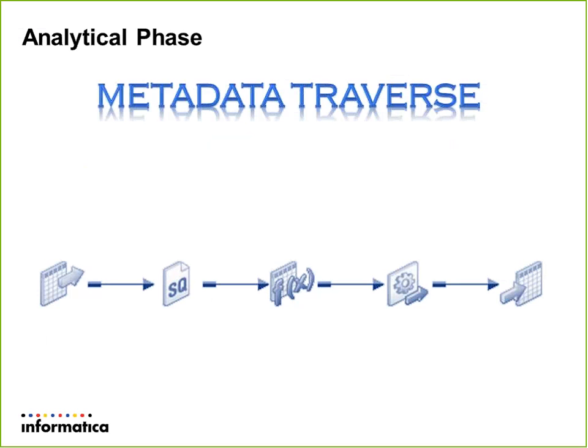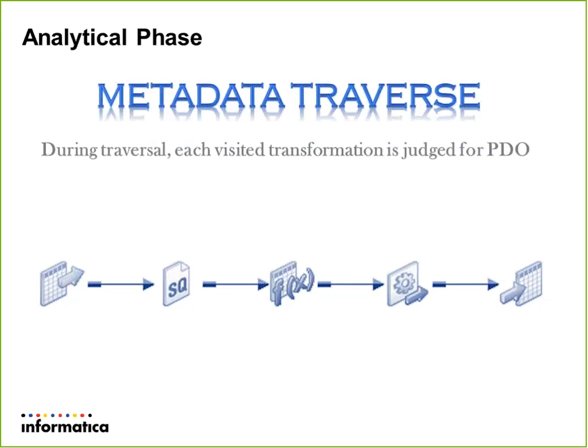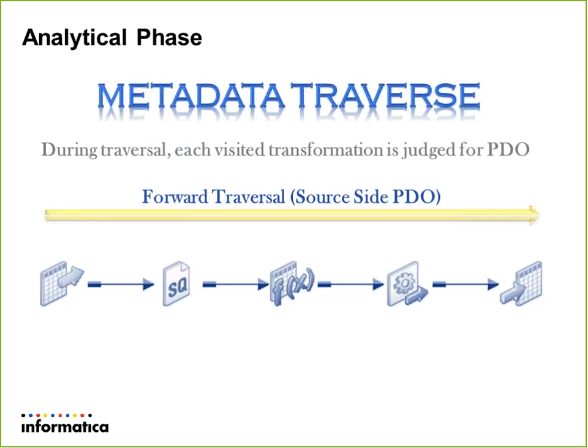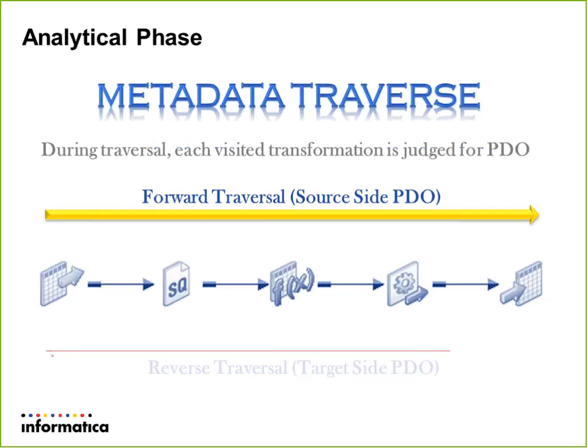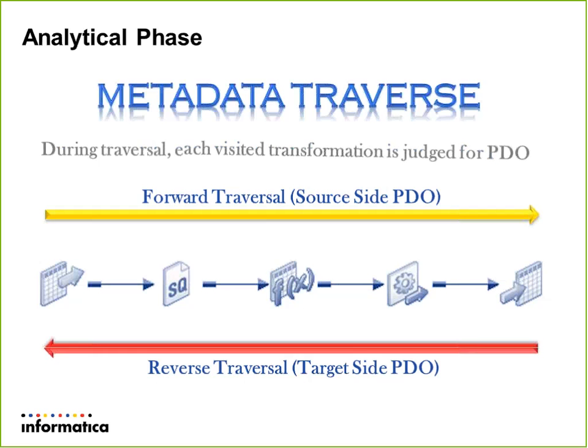The traversal starts at the source qualifier and touches each subsequent transformation in the pipeline. For each transformation, it is determined whether the transformation could be pushed or not. This process occurs with the session that has been configured for source side or full PDO. For target pushdown, a similar reverse traversal of the mapping occurs, analyzing the pushdown opportunities.